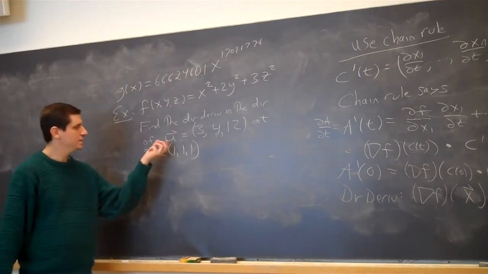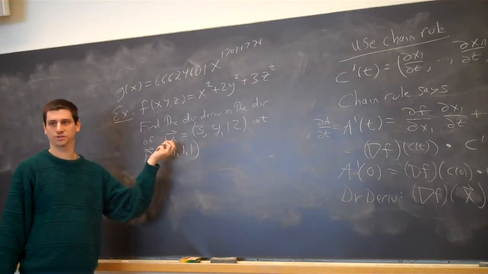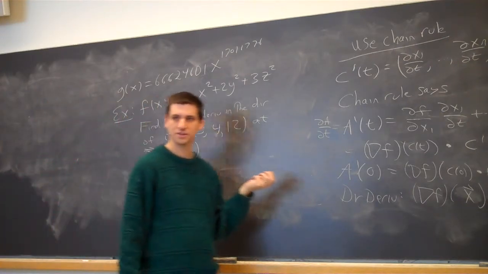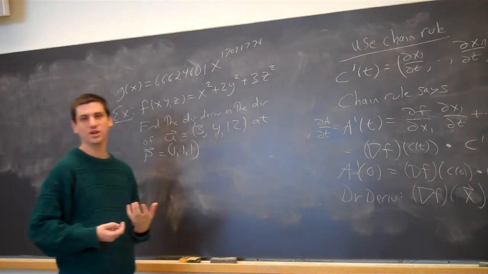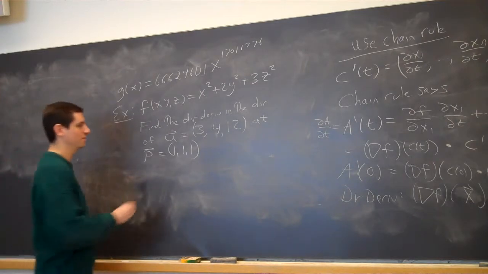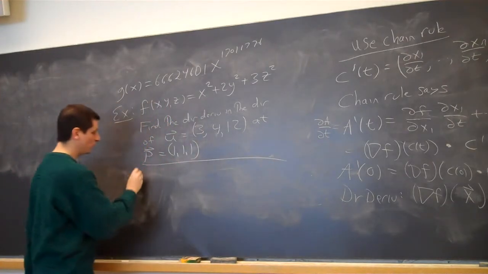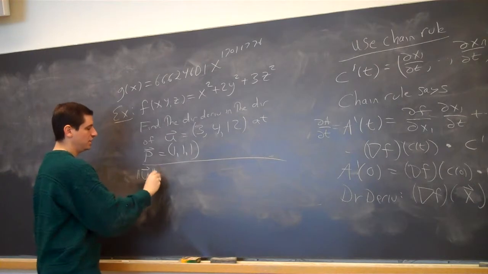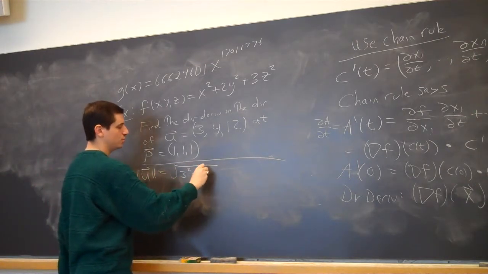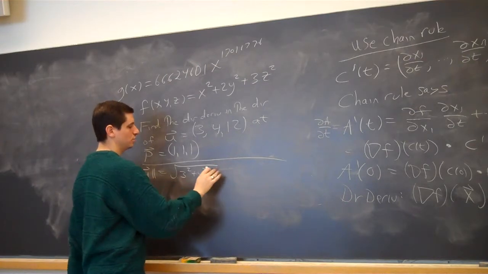Alright, so is this a good choice for direction? Okay, why is this a bad choice? It's not normalized, it doesn't have unit length. You will see in a moment that even though this is not a unit length vector, this is a very carefully selected vector. So let's figure out what is the length of u. The length of u is the square root of 3 squared plus 4 squared plus 12 squared.